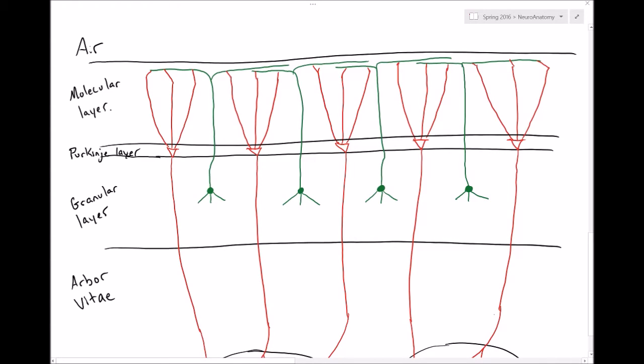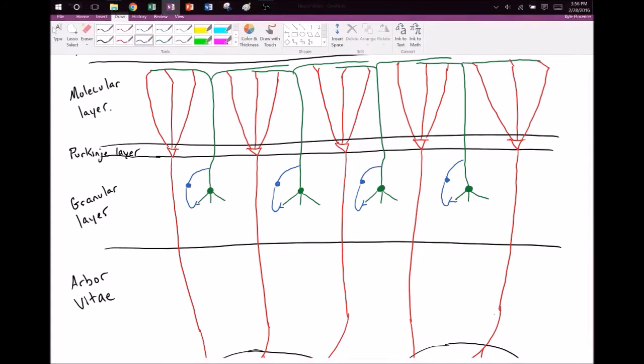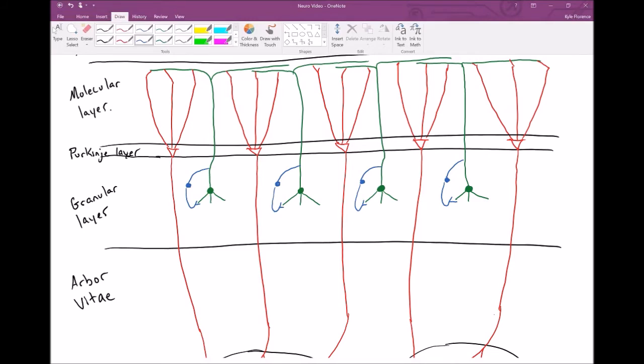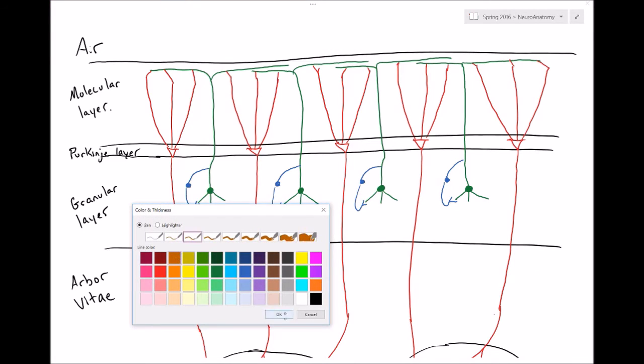Along with the granular cells in this layer, we have the Golgi cells. These are excited by the parallel fibers and inhibit the granule cells. So as you can see here, this is a direct feedback that prevents the granule cells from being overexcited. Also in this layer, what color should we use here? Let's use brown.